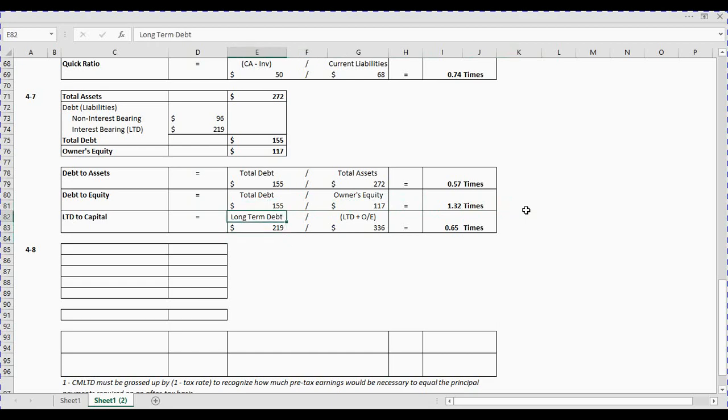And then we're going to look at long-term debt to capital. Capital is a term that you hear frequently, and it can actually be defined a number of different ways. This is a pretty common and traditional way of thinking about the long-term debt of a company and the owner's equity. So what we're calling interest-bearing debt up here, only the long-term portion, because this is the operating portion.